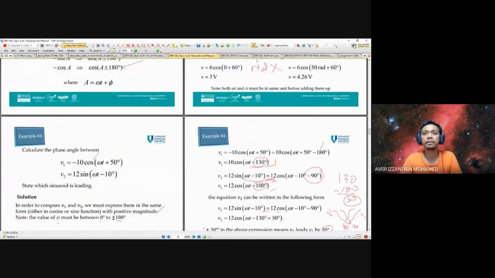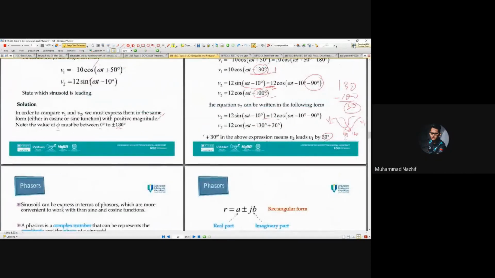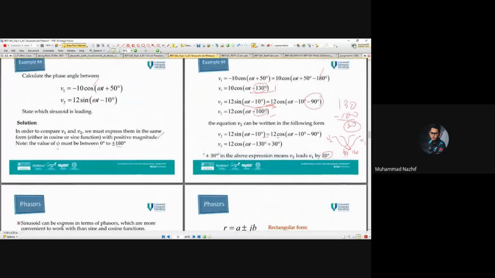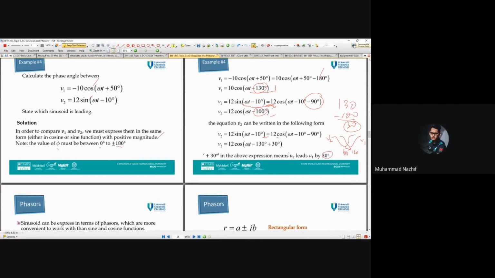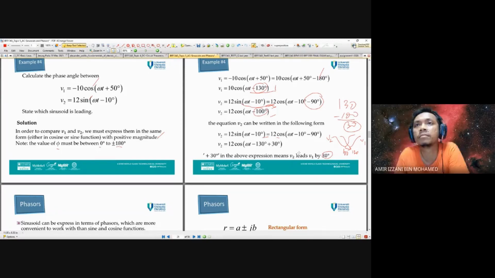Where does the positive 30 come from? In the equation V2 equals 12 cos omega t minus 130 plus 30, where does the plus 30 come from? This one is to justify this one. Minus 130 plus 30 is minus 100, right?